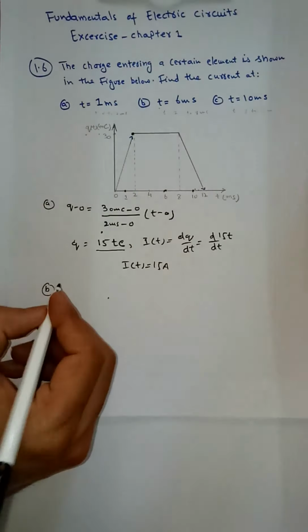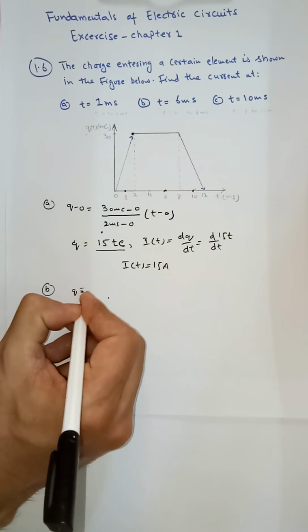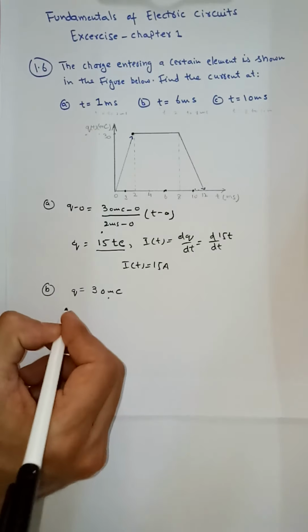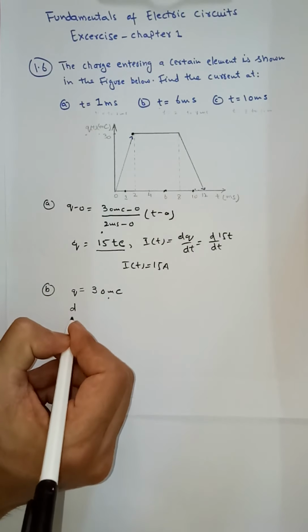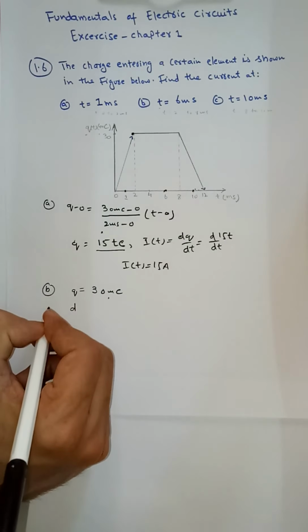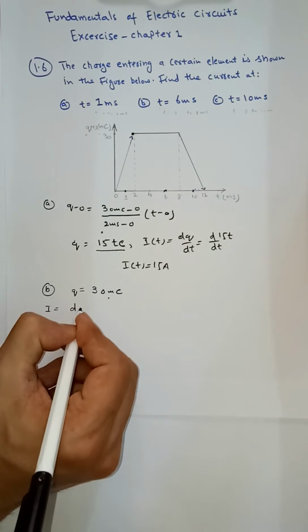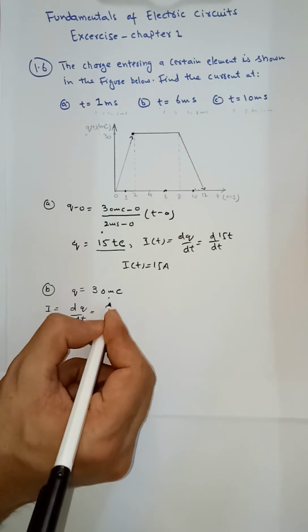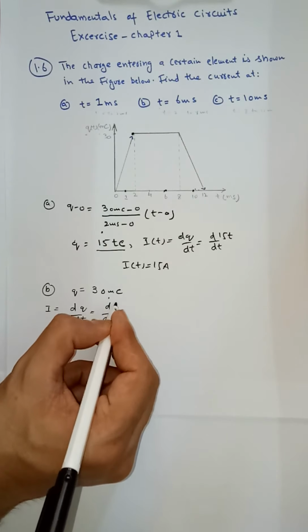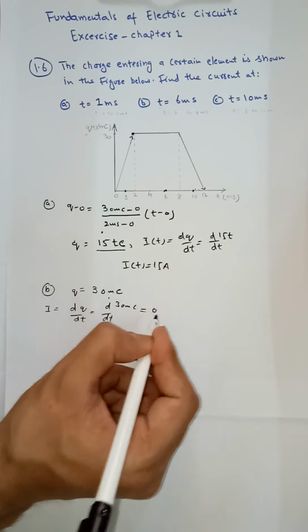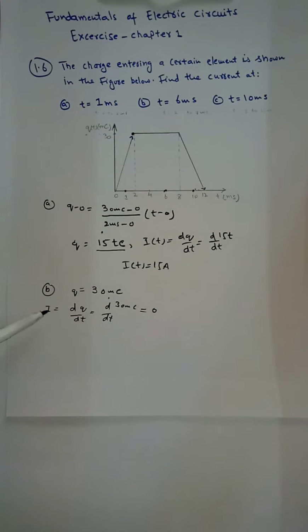So q is equal to 30 millicoulomb, and i is equal to dq by dt, the derivative of 30 millicoulomb, which gives 0. So for B, the current is 0.